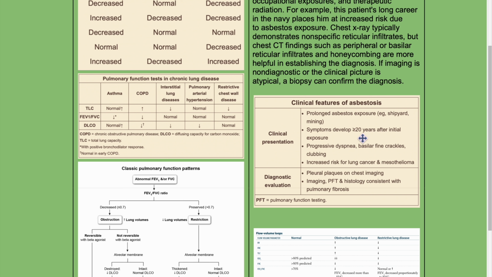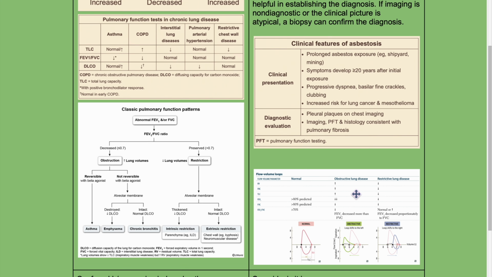Symptoms develop 20 or more years after initial exposure. Progressive dyspnea, basilar fine crackles, clubbing, increased risk for lung cancer and mesothelioma. Diagnostic evaluation: pleural plaques on chest imaging, PFT, and histology consistent with pulmonary fibrosis.